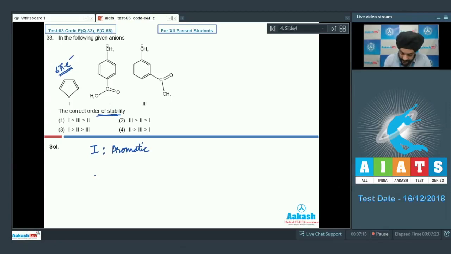If you look at the second carbanion now, the second carbanion is resonance stabilized.